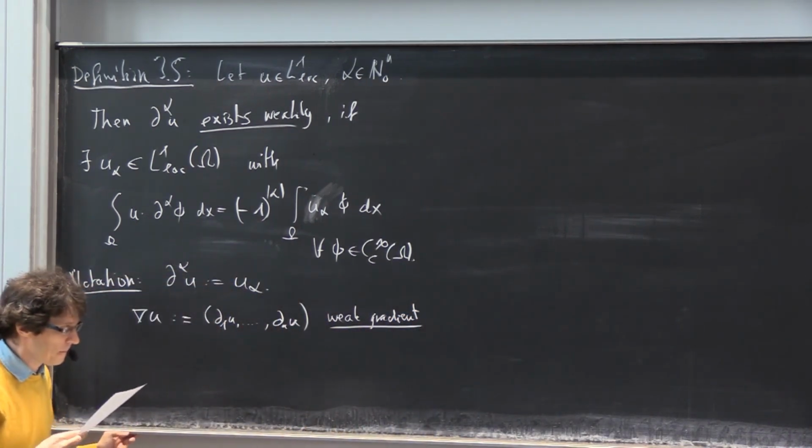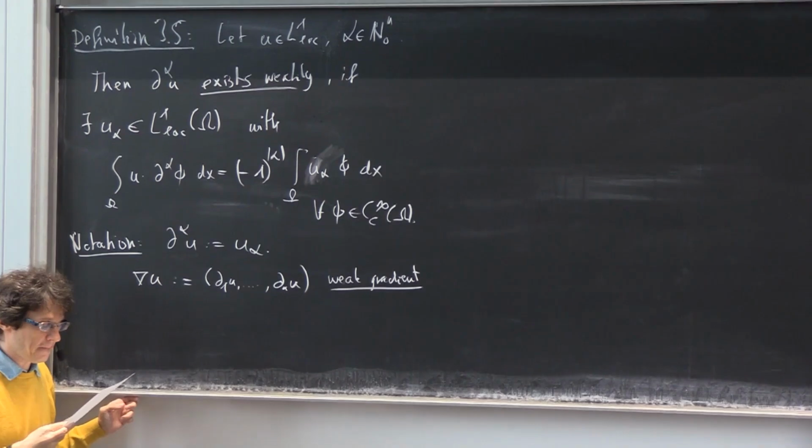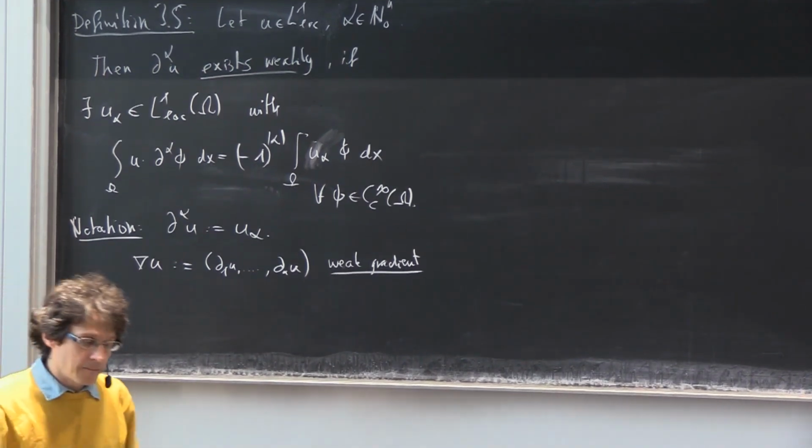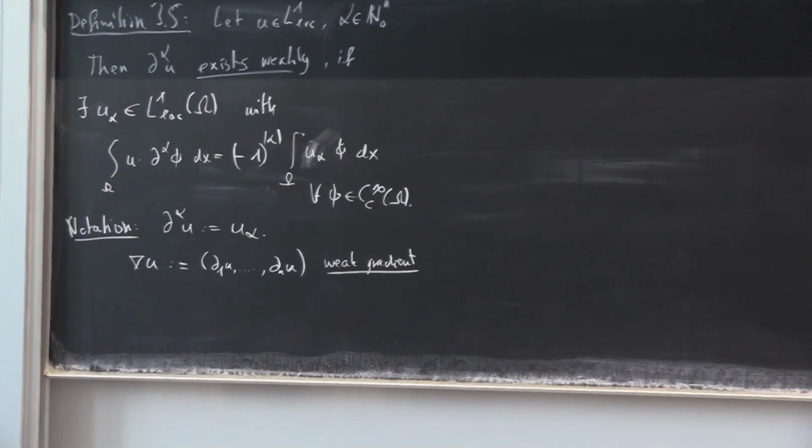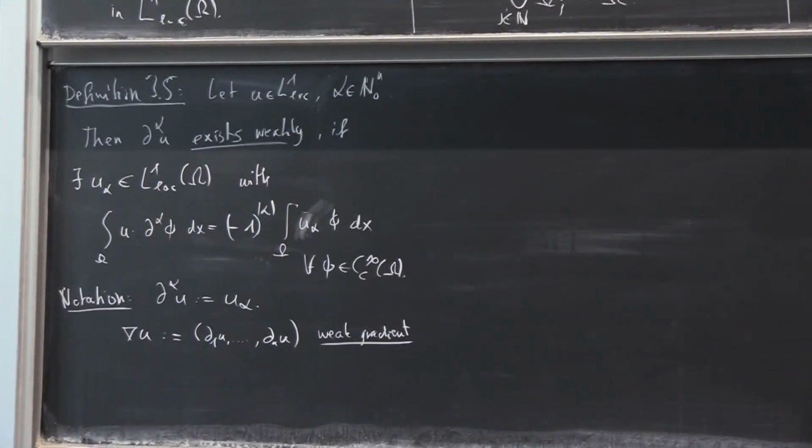Okay, and we've seen above, classical derivative implies weak derivative, otherwise the name would be awfully badly chosen. And the weak derivative, if it exists, is unique.